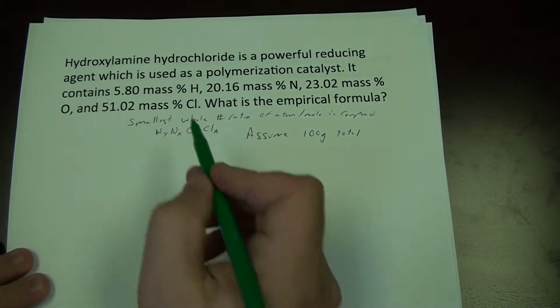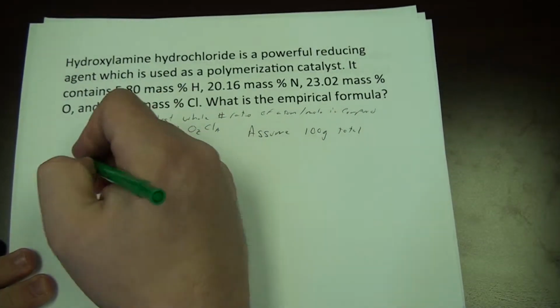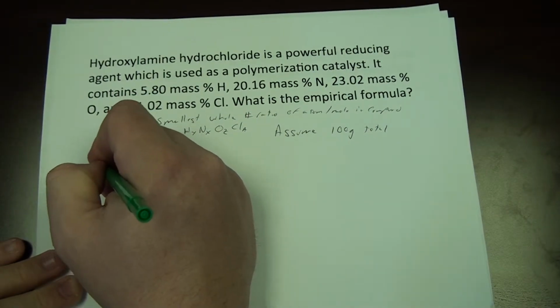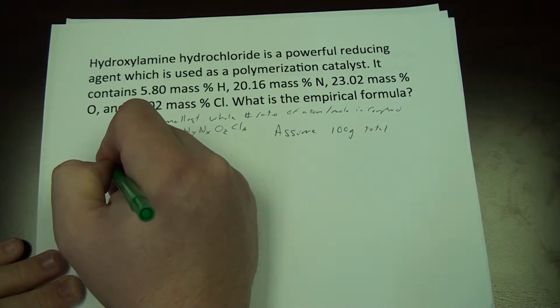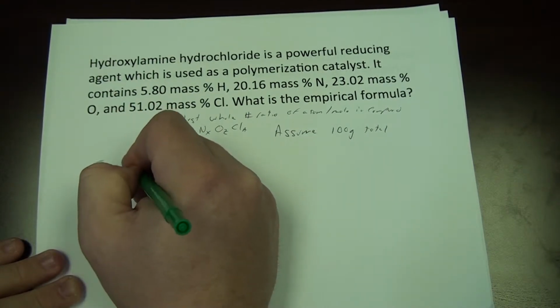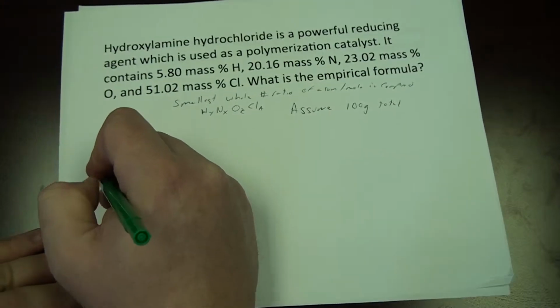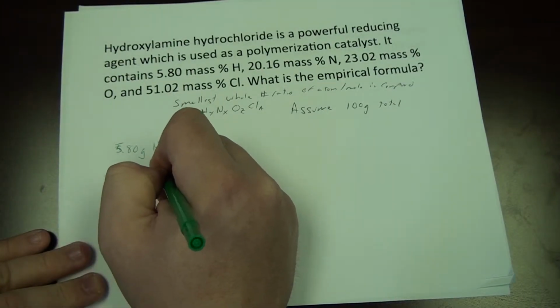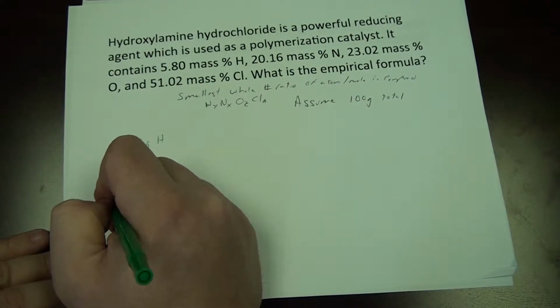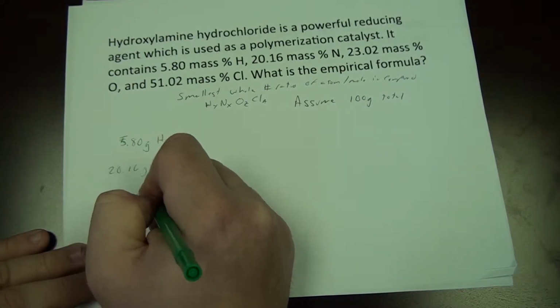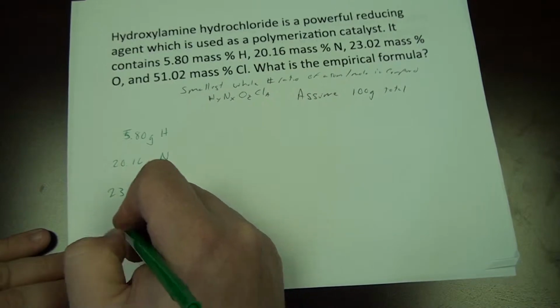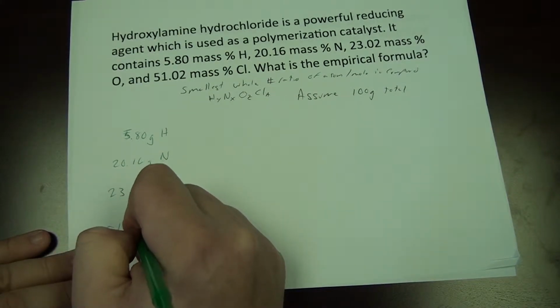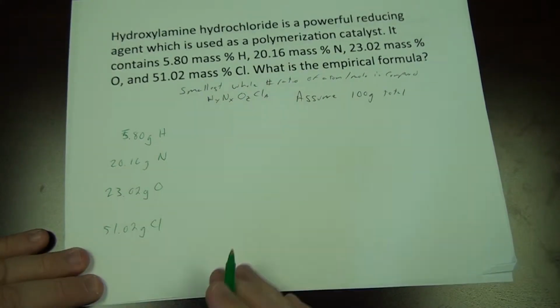So that becomes 5.80 grams of hydrogen, 20.16 grams of nitrogen, 23.02 grams of oxygen, and 51.02 grams of chlorine.